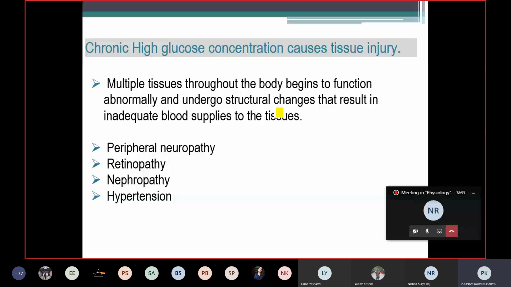Schwann cells are the supportive cells involved in myelination, right? And when there is a hyperglycemic state, the Schwann cell will start to accumulate sorbitol, and sorbitol will cause the sodium potassium pump and other pumps to function abnormally. And as the sorbitol gets accumulated, the person will have sensory loss.